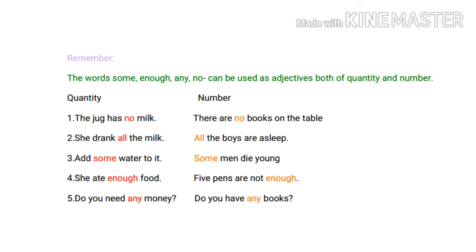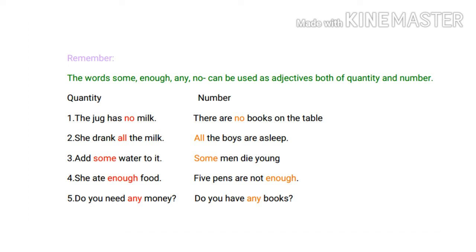Remember the words some, enough, any, all, no, etc. can be used both as adjective of quantity and number. Let's try to understand this through the following examples. The jug contains no milk. Here the adjective no denotes the quantity of milk.